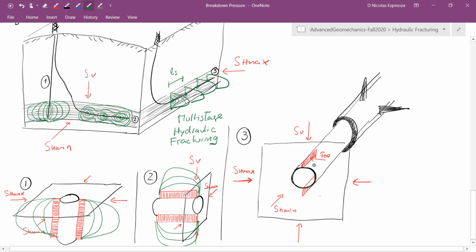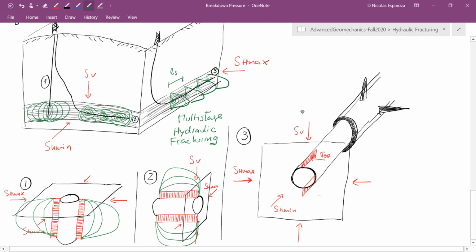So what is going to happen in that case? Because the local least principal stress, sigma theta theta, does not coincide with the far field least principal stress, the fracture might start growing in the plane perpendicular to sigma theta theta, and eventually is going to turn in the far field to align with SH mean.